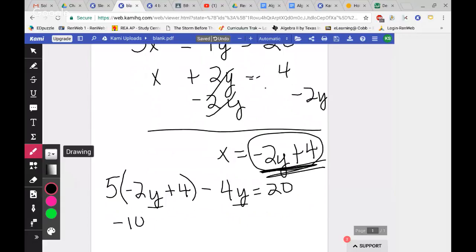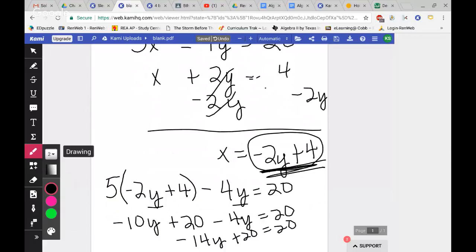So I've got a negative 10y, because 5 times a negative 2y is negative 10y, plus 20 minus 4y equals 20. And so negative 10y minus 4y is negative 14y plus 20 equals 20.